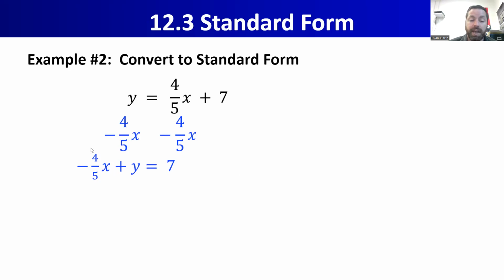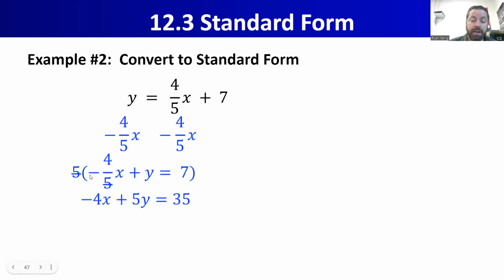Now, we don't typically have a or b be fractions. So we're going to clear the fraction. How do I clear the fraction? Well, I could multiply the whole equation by 5. So 5 times -4/5 gives me -4x. 5 times y equals 5y, and 5 times 7 is 35. So I've just converted this problem from slope-intercept to standard.